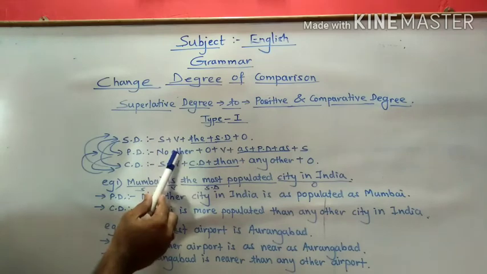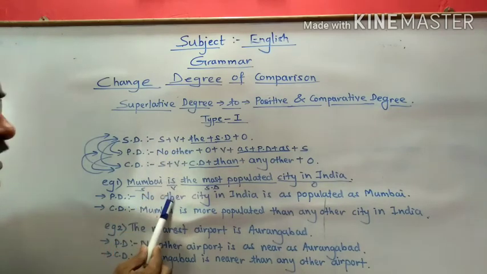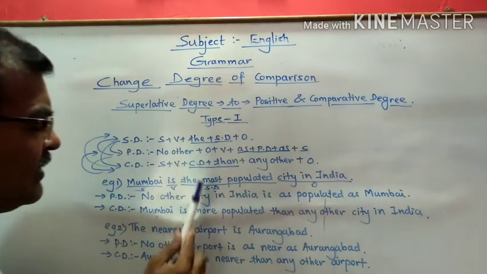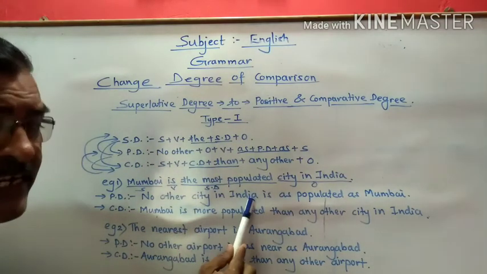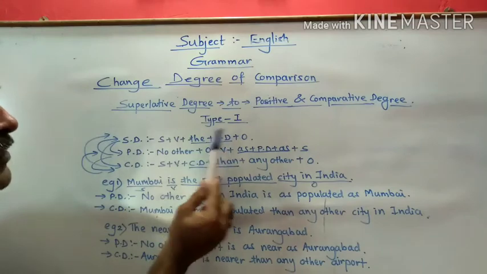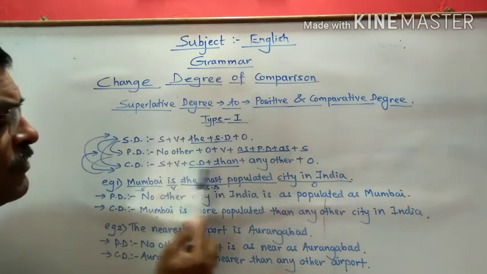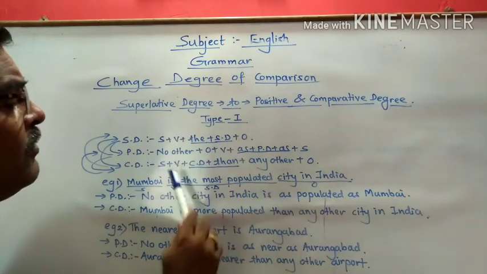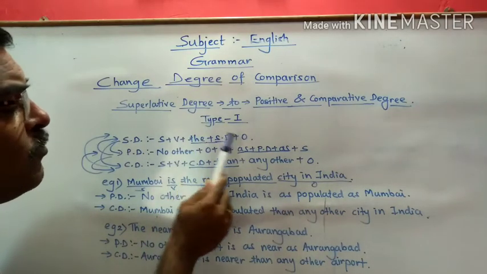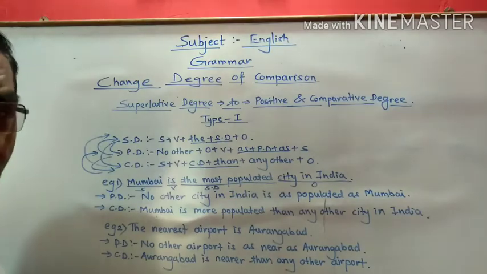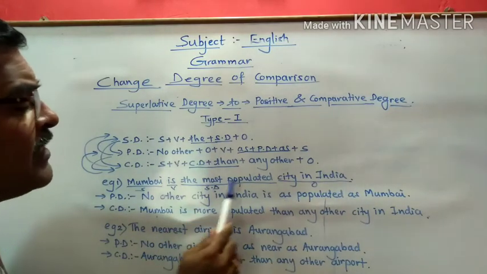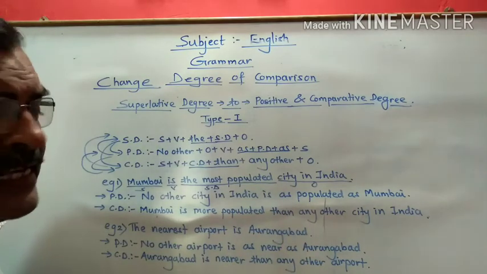Yes, we have to begin the sentence with no other. With no other we are going to take the object. Now what is your object? City in India. So we have taken city in India. Then we have to take the verb. What is your verb? Verb is. Then we have changed the superlative degree into positive degree. Naturally we know how to write the positive degree: the most populated will change into as populated as.